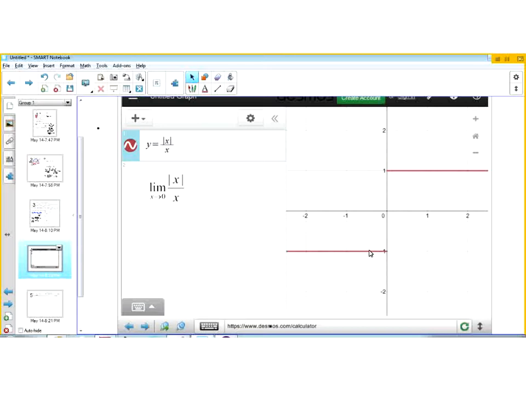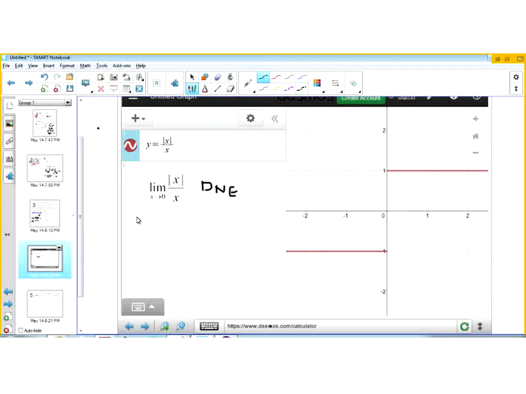Of course, as x approaches 0 from the left, the output is -1, and as x approaches 0 from the right, the output is 1. So the left limit and the right limit are not the same. So the takeaway is that this does not exist.